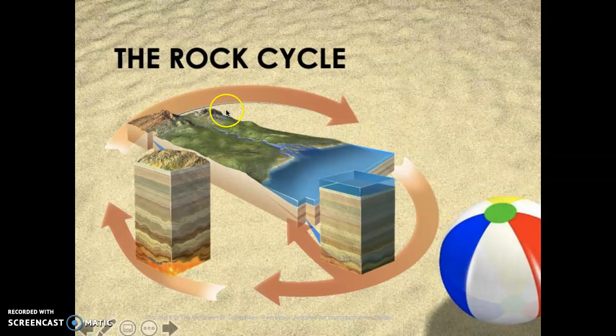It includes the weathering and erosion of earth materials, the transportation of those materials to a new location, and then their ultimate deposition, burial, and conversion into sedimentary rocks. So we're really going to focus on this stuff that we can see at the surface.